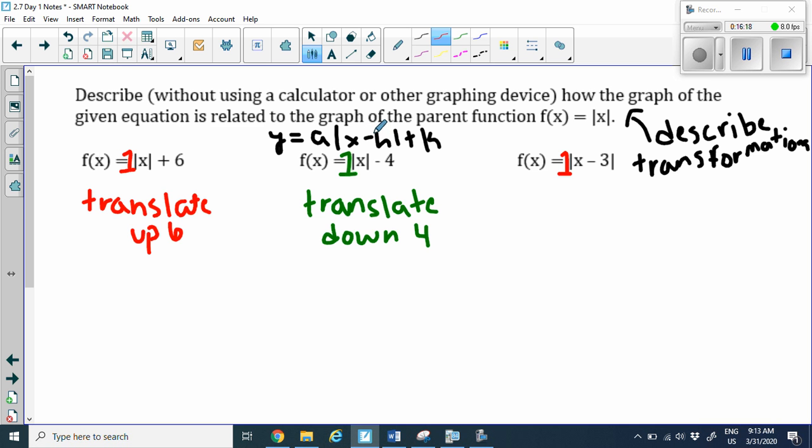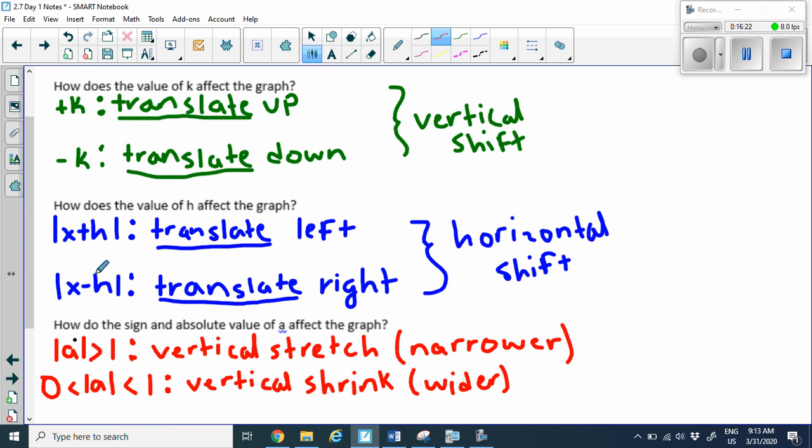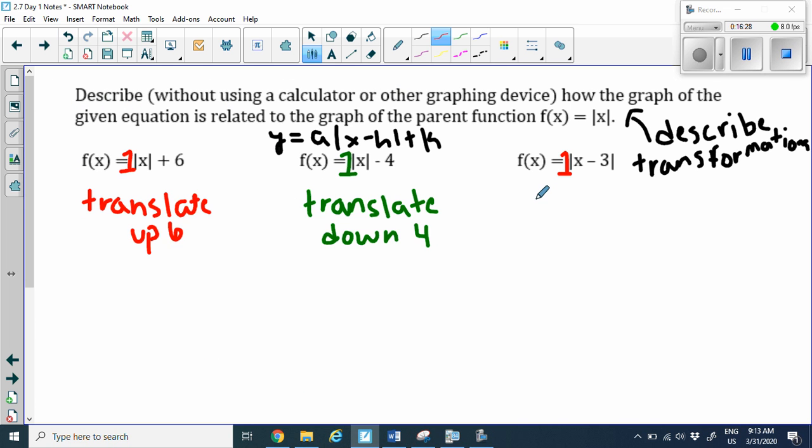Remember, going back to our summarization, x minus h means we translate right. We have a horizontal shift, and we're translating right. So on this one, we just say translate right 3.